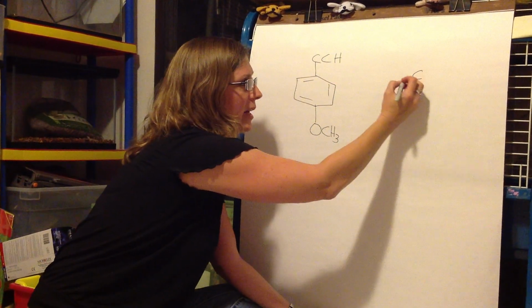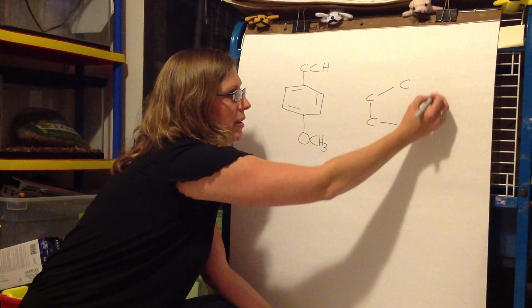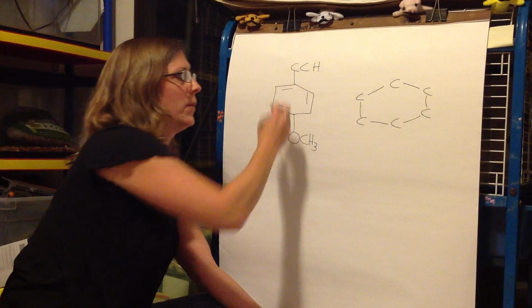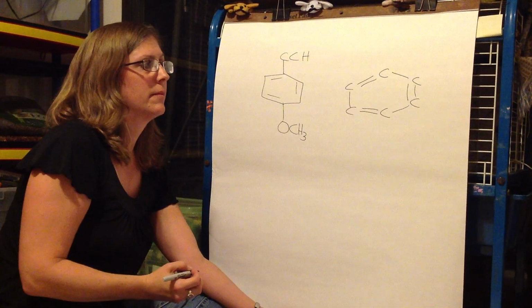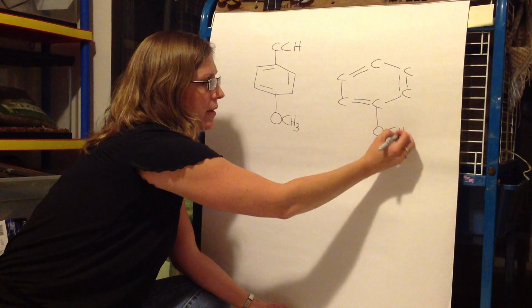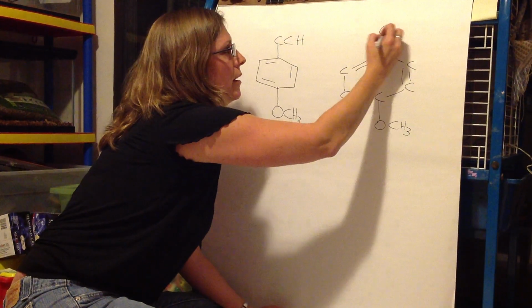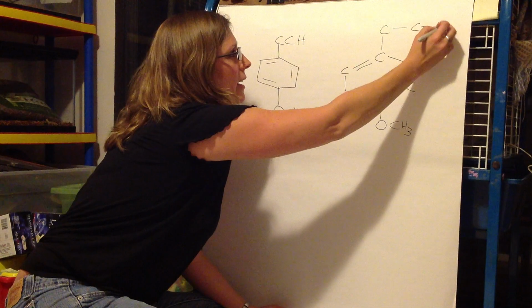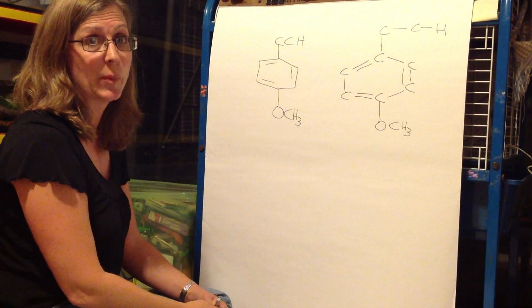It's a six-membered ring. So that means there's 6 carbons here with 3 double bonds. Okay, we have an OCH3 down here. And we have a carbon and a hydrogen. Okay, so that's our skeleton that we've drawn out, our basic connectivity.